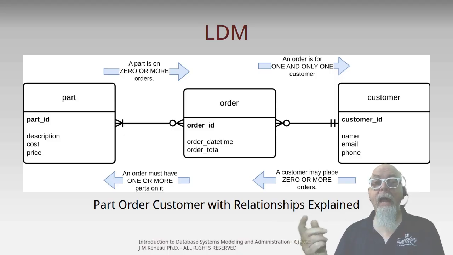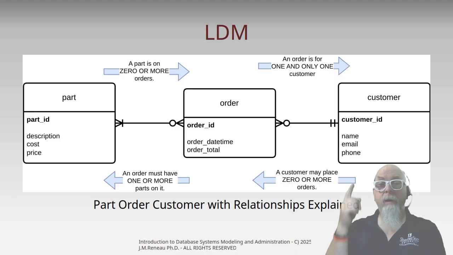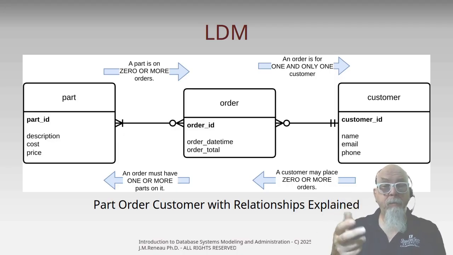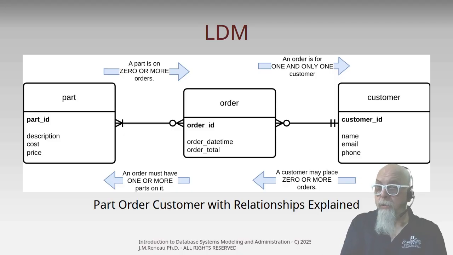And then our connection is that a customer has zero or more orders, and an order is for one and only one customer. Well, that makes sense. Customer places an order, but an order is for only one customer because it'd be confusing as can be if we had an order for multiple customers.